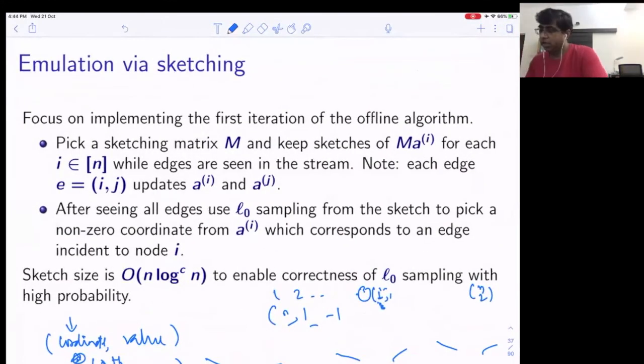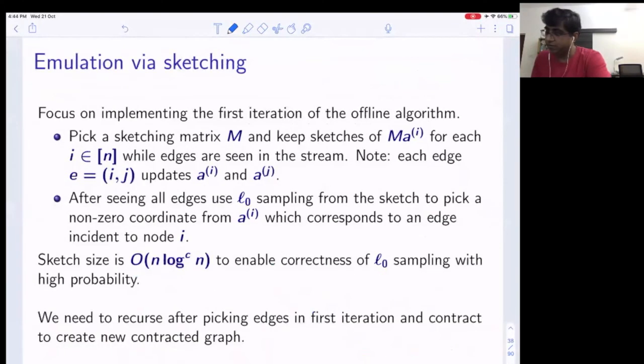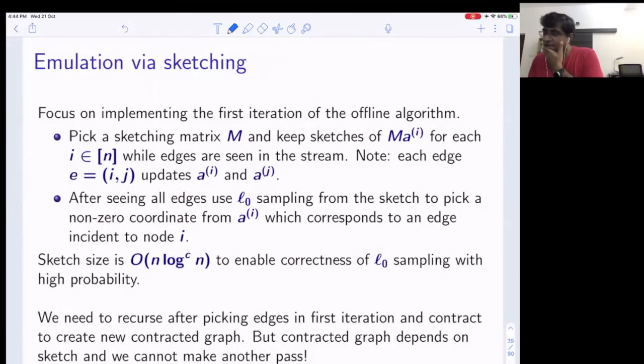Now the next question is, we need to recurse after picking edges in the first iteration and contract to create a new contracted graph. This is what we need to do the second time. But the contracted graph depends on the sketch, and we cannot make another pass because of that.